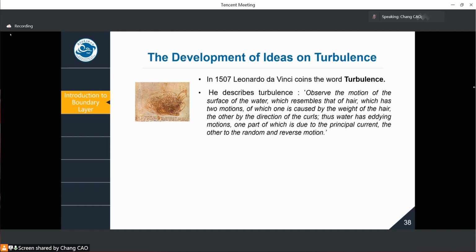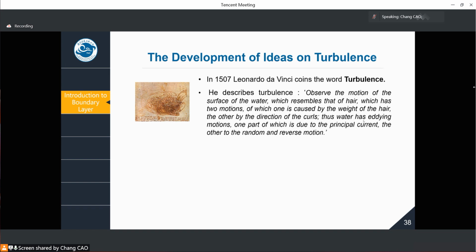Okay, from his description, we can find that turbulence is what one observes in the motion of the surface of the water. Look at the picture here, which resembles that of hair, which has two motions, of which one is caused by the weight of the air, the other by the direction of the curves.